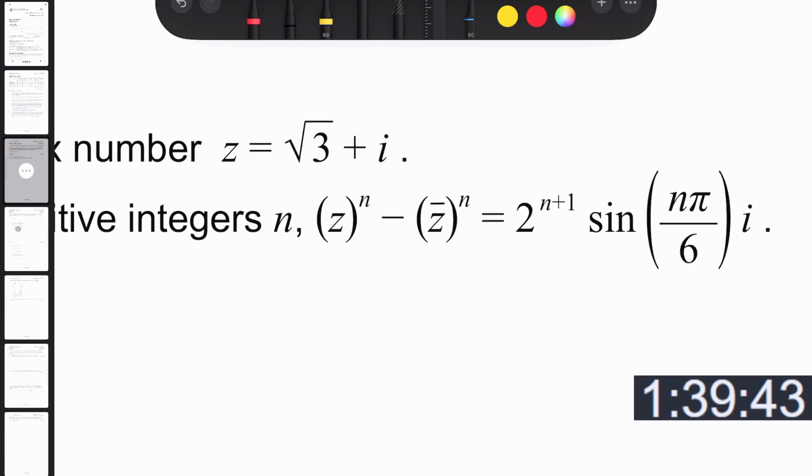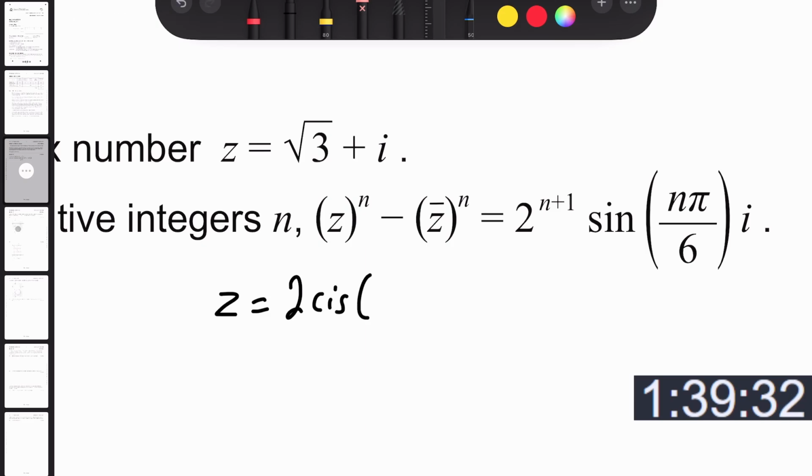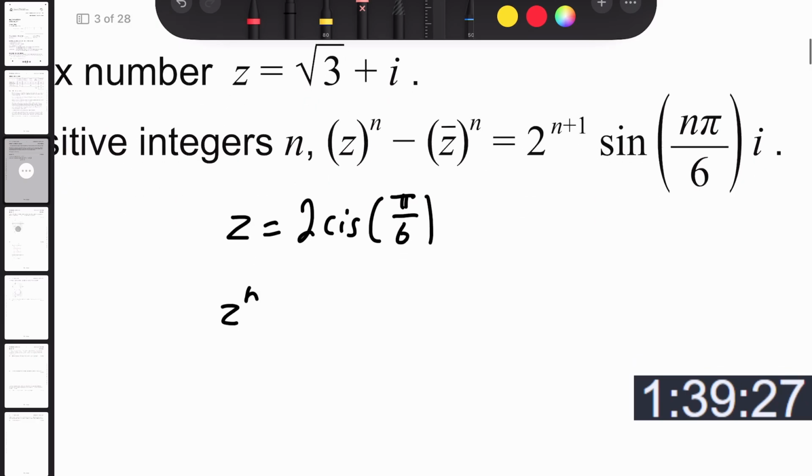Okay, let's find z. z is equal to 2 cis of pi on 6. So then z to the n is going to be 2 to the power of n cis of n pi on 6.